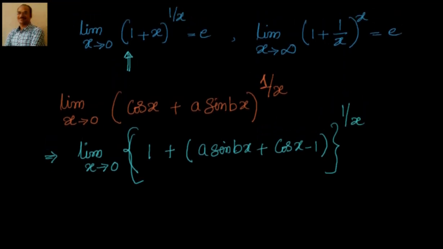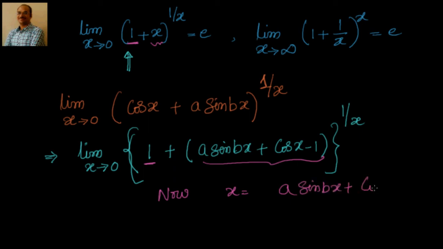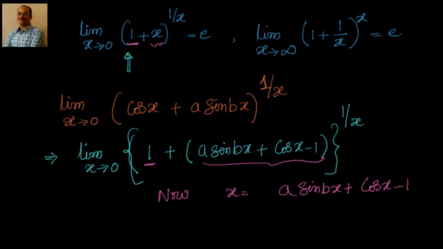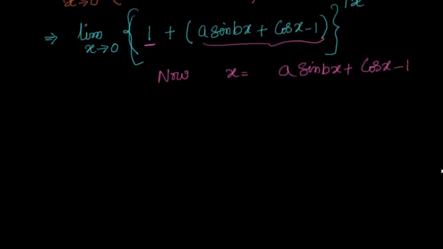Now this makes me a little bit happy because I am able to get 1, but that tells me that my x is equal to this whole expression, a sin bx plus cos x minus 1. So now x equals a sin bx plus cos x minus 1, which tells me 1 by x should be 1 by this. Now let me go to the next step.